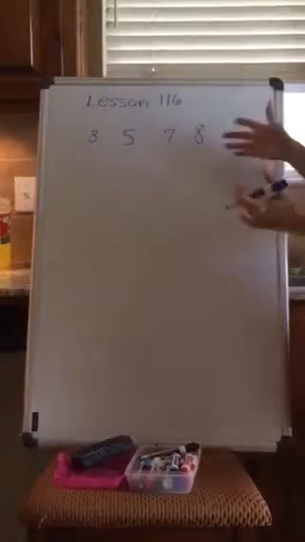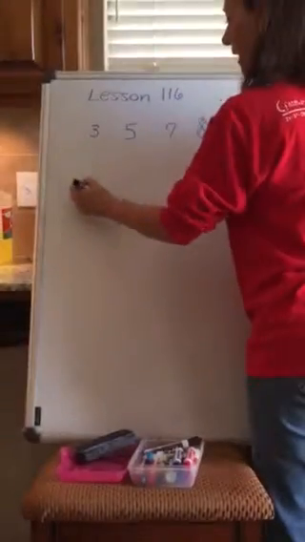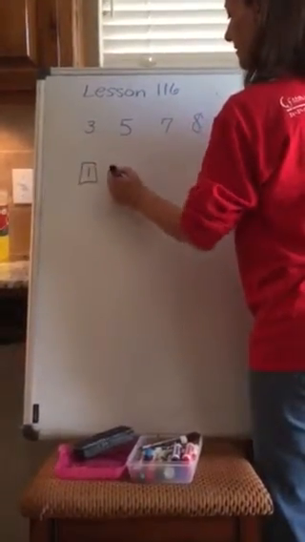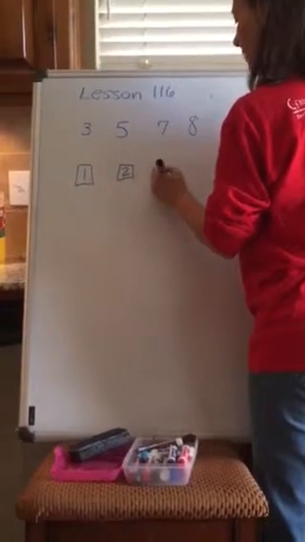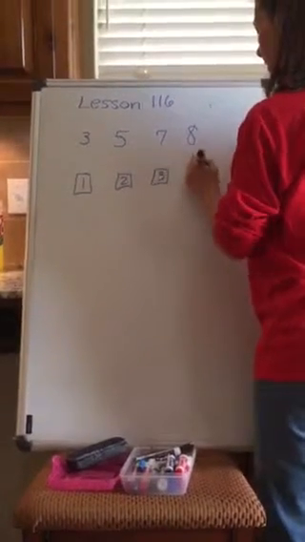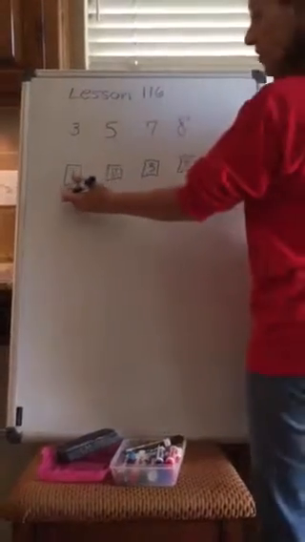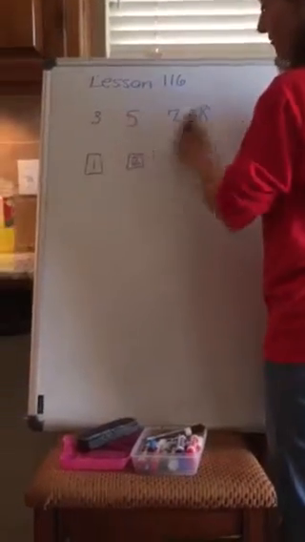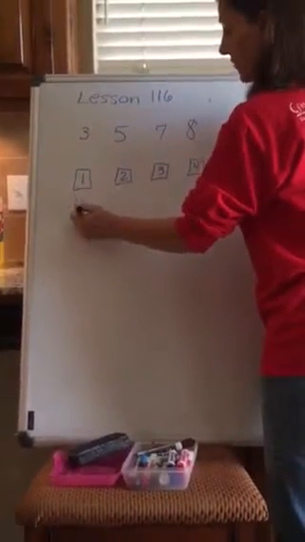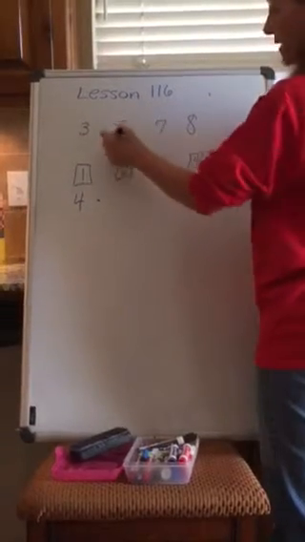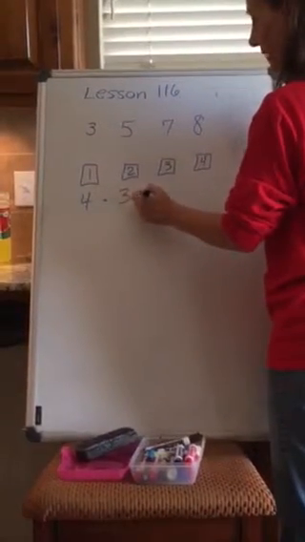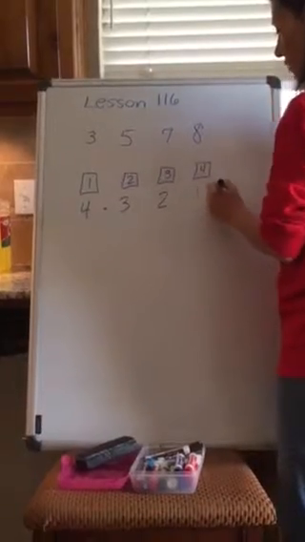So I cannot repeat the numbers. So in my first number, second number, third number, fourth number, my first number, I have 4 numbers to choose from. The second time, I can't repeat, so I only have 3 to choose from, then 2, then 1.